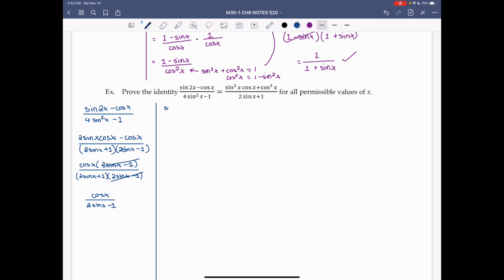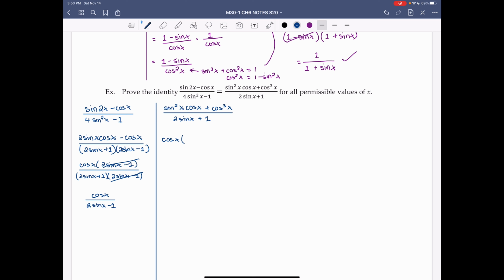We start with sine squared x cos x plus cos cubed x over 2 sine x plus 1. On the top, I can factor out cos x.